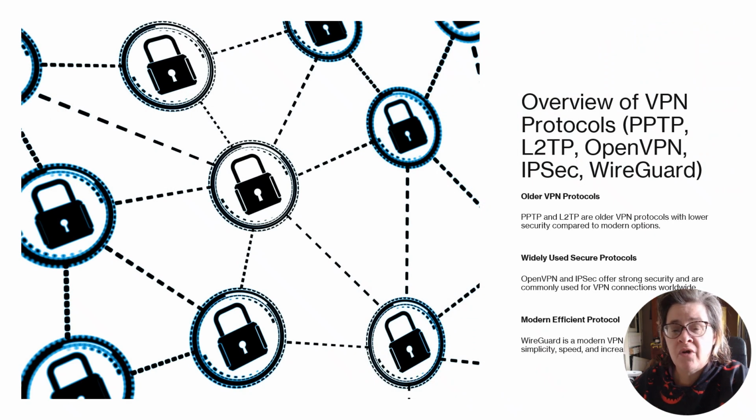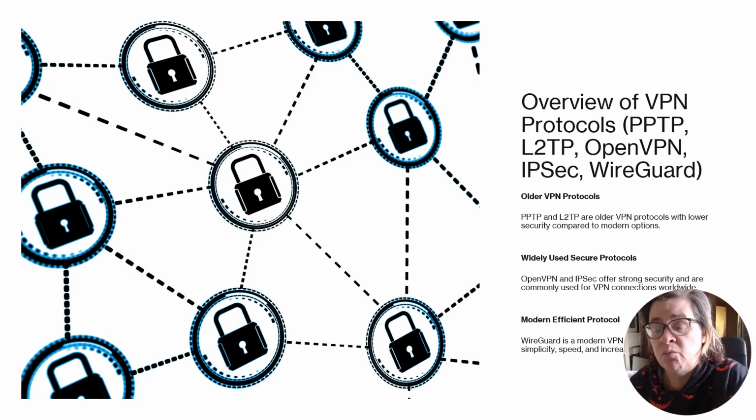Common VPN protocols vary in security and performance. PPTP and L2TP are older. OpenVPN and IPsec are widely used for strong security. I think I have set up OpenVPN and IPsec. I don't think the other two older ones are used much these days.